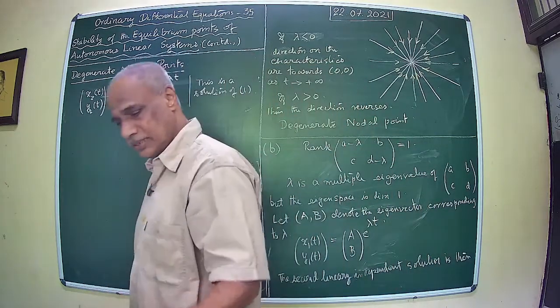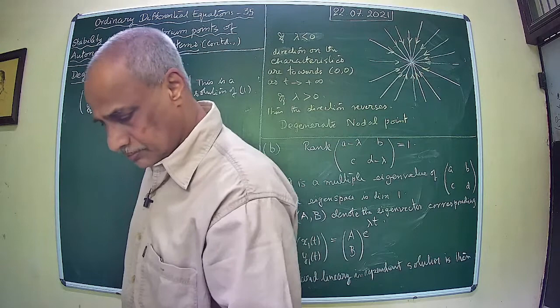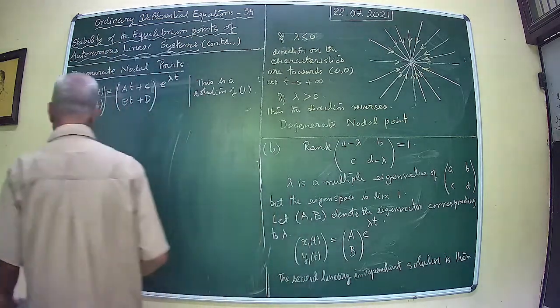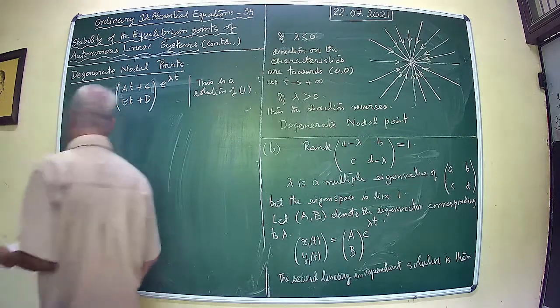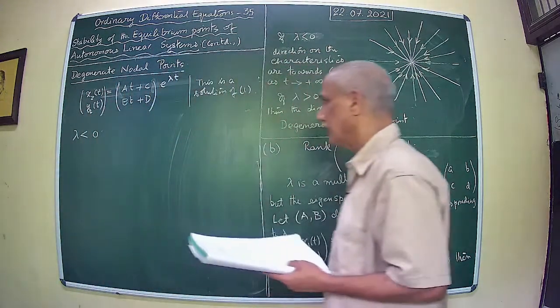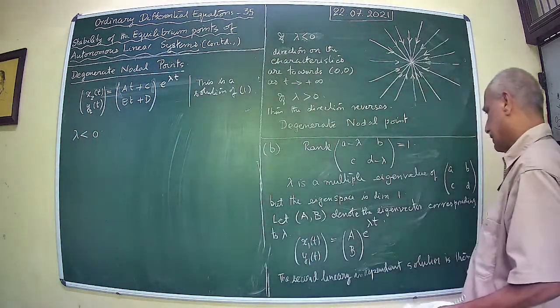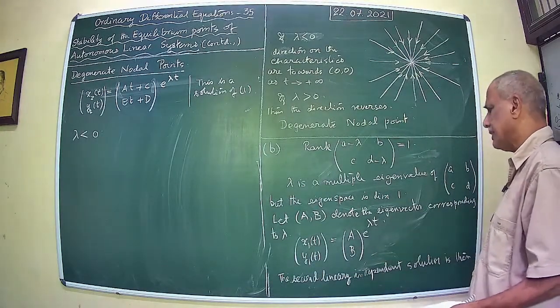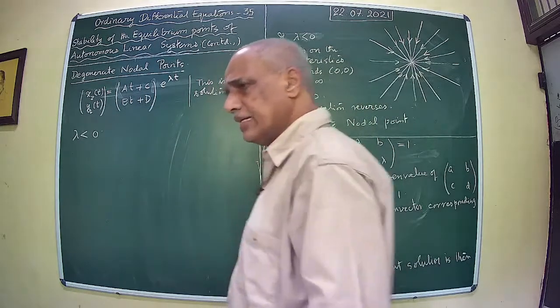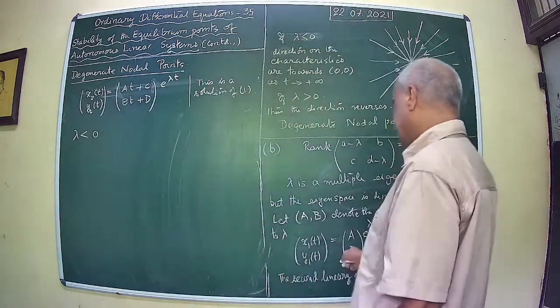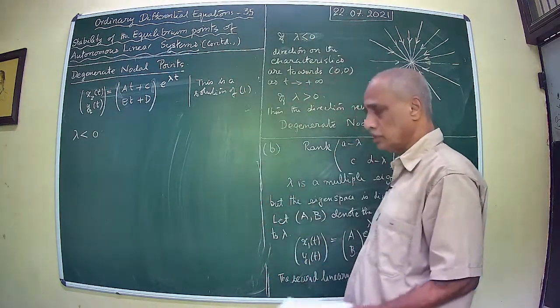Okay, right. Therefore, let us take the case now. Lambda is assumed to be less than 0. Lambda greater than 0 is very easy to analyze. Now you see that both these vectors are linearly independent, so they span the solution space.